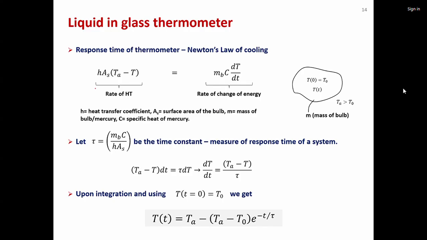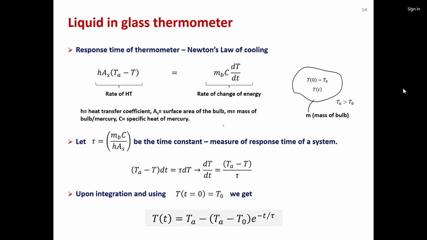Now you can write down this energy balance, which is the heat transfer coefficient times the surface area of this object times the difference between the ambient temperature and the temperature T at a particular time, which is going to be the rate of change of the energy inside the system: the mass of the system times the specific heat times the change in temperature.